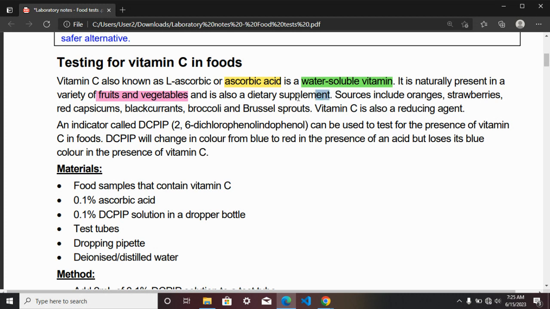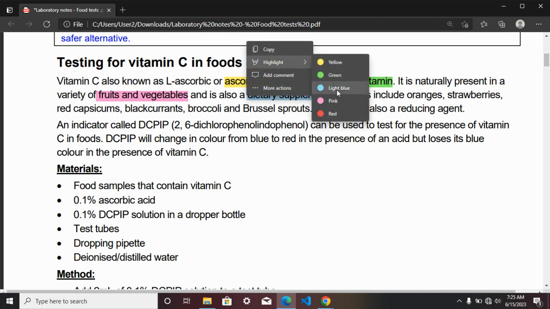A dietary supplement is something you can get as a single nutrient itself. You can go to the pharmacy and they give you vitamin C only, not getting it from the kind of food that you consume. You can get vitamin C as a chemical itself. So that's what we call a dietary supplement.